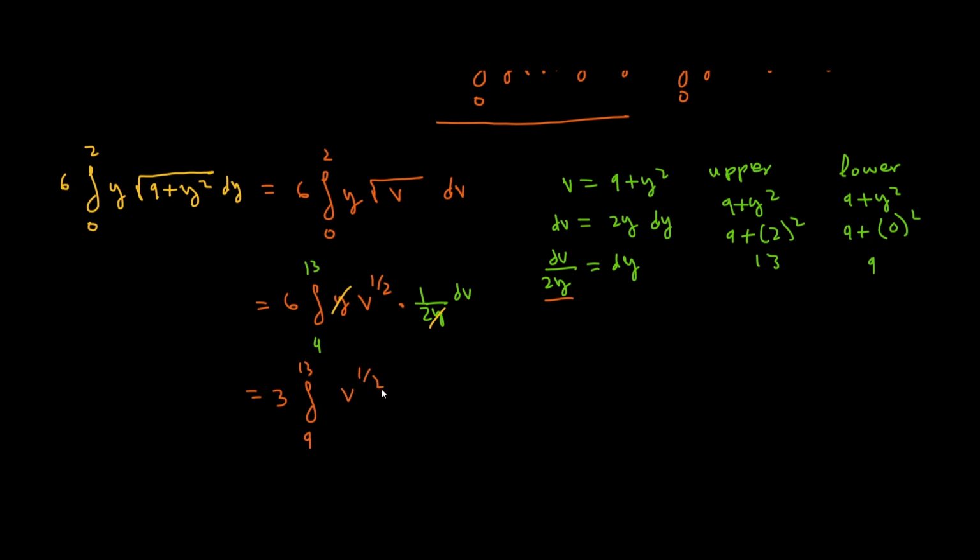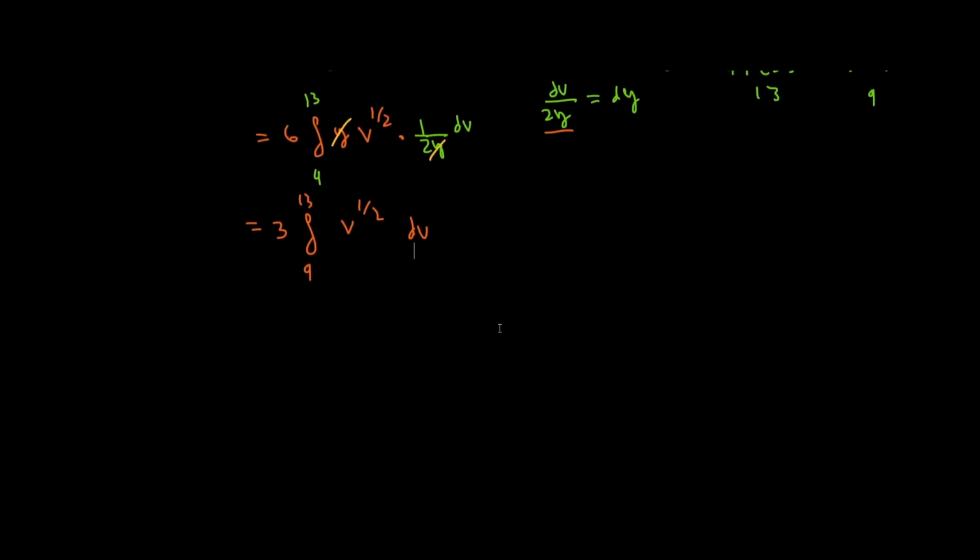Let's just rewrite it here. All right, let's make some space. So we have v to the 3/2 all divided by 3/2, which is 2/3.